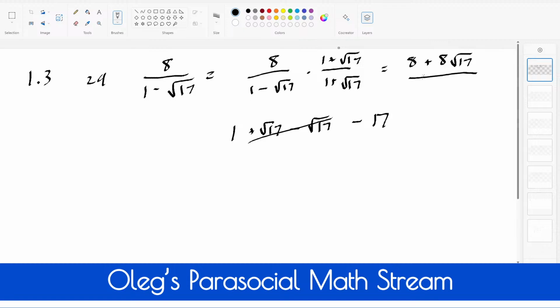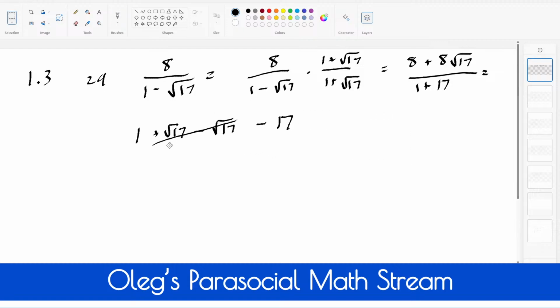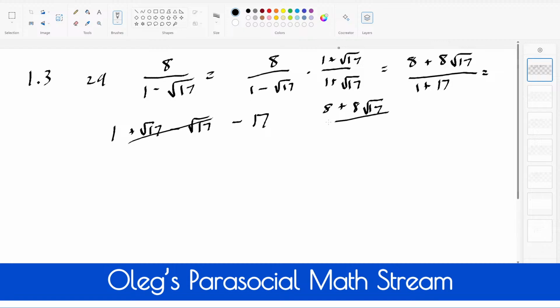And the bottom is going to be 1 plus 17, which is equal to, let's move some of this stuff around. That's going to be 8 plus 8 root 17 over 18.